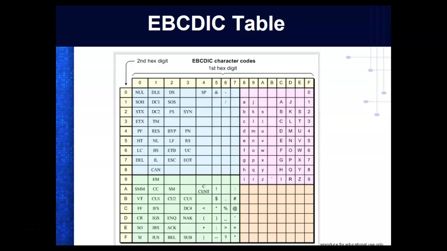The book teaches enhanced ASCII or extended ASCII. That's not true. This is actually EBCDIC. So we do it the same way. We read the columns and we read the rows. Here, uppercase A would be C1, whereas in the ASCII code it's 41 hex.